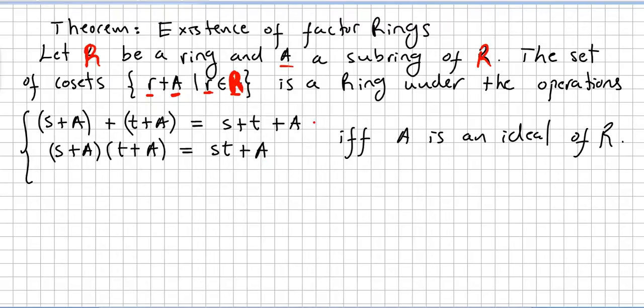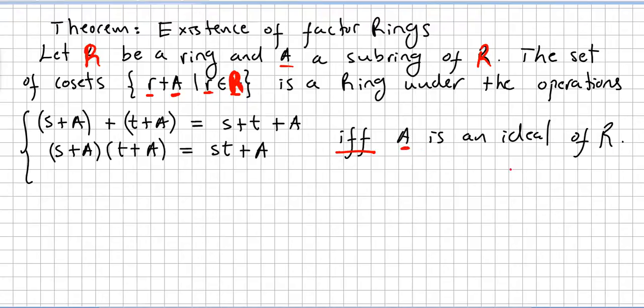So this set of cosets under these operations will be a ring if and only if A, the subring, is an ideal of the ring.